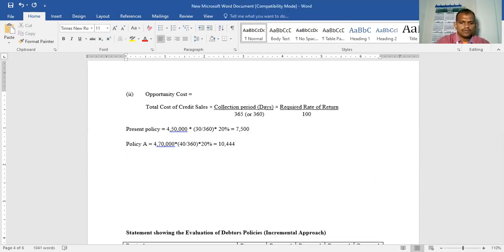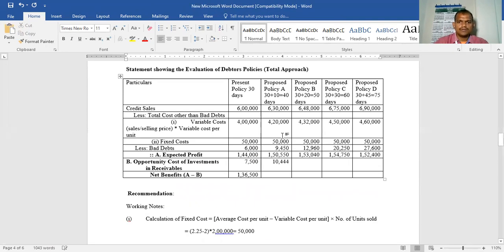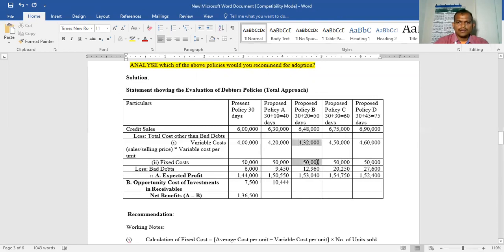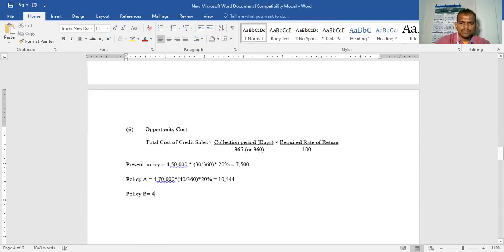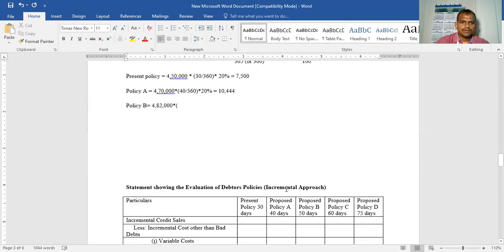Now policy B: 4,82,000 into 50 days, 50 by 360 into 20%, which is 13,389.